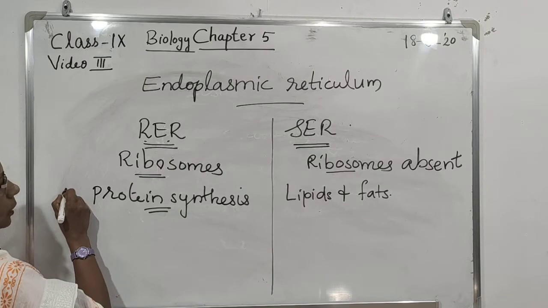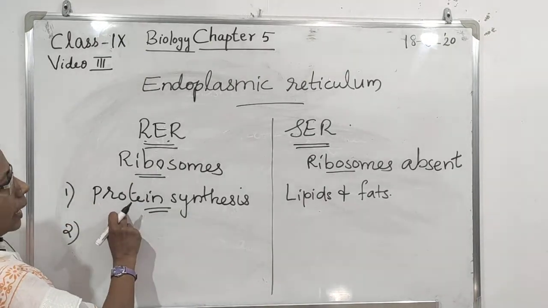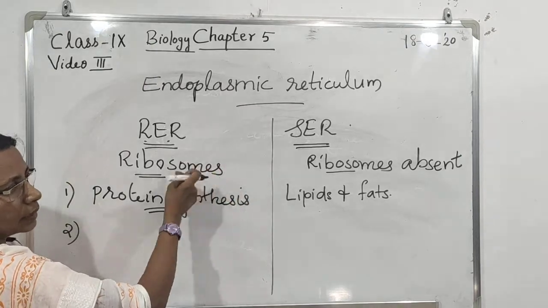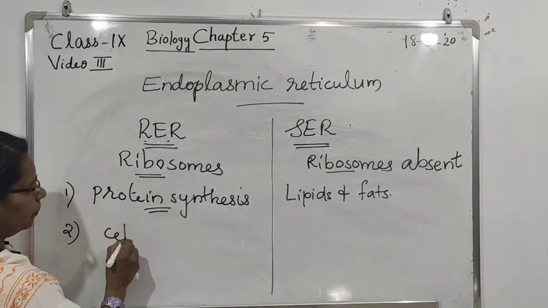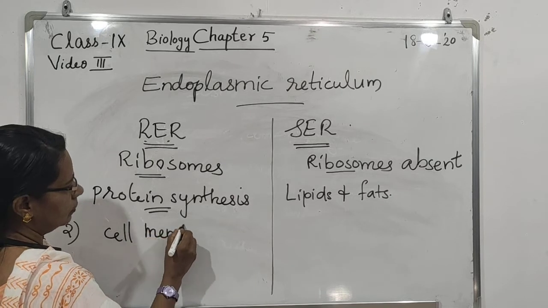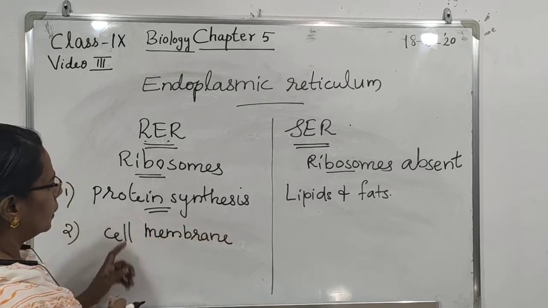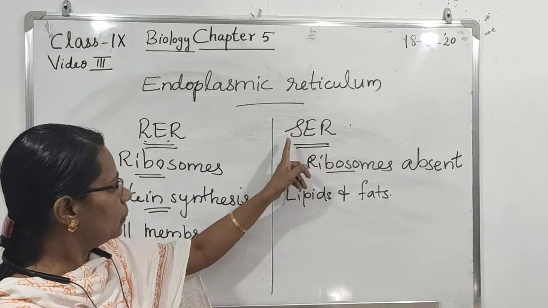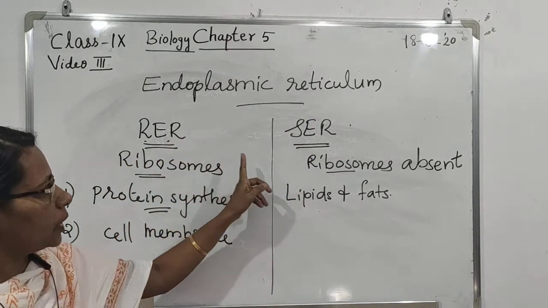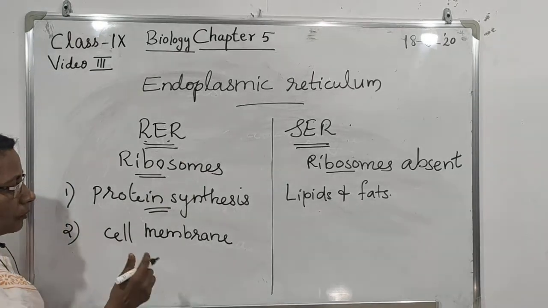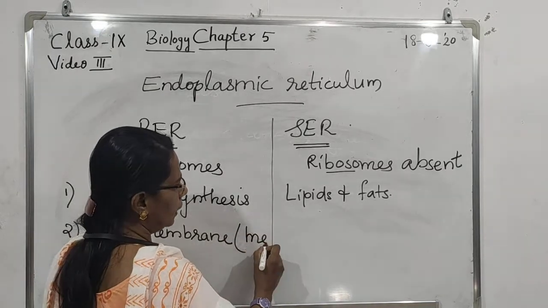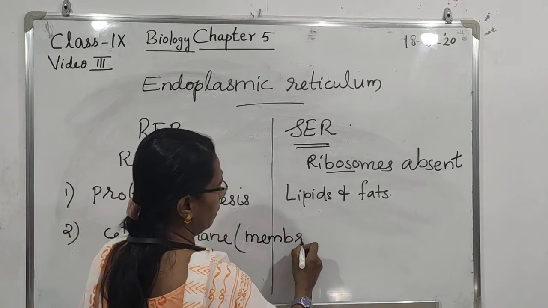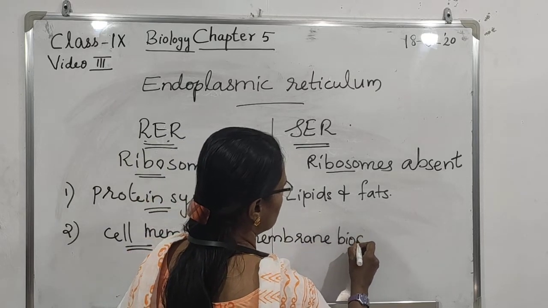And some of the proteins and lipids prepared by these two endoplasmic reticulums are used for manufacturing of the cell membrane. So, the proteins and lipids produced by endoplasmic reticulum are used for the building of the cell membrane, and that building of the cell membrane is called membrane biogenesis.